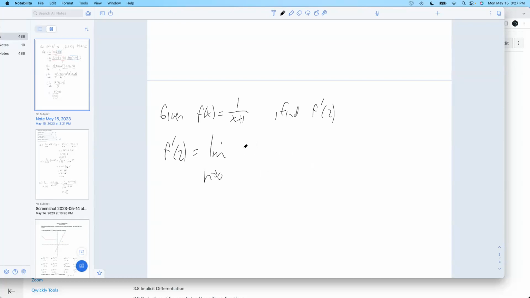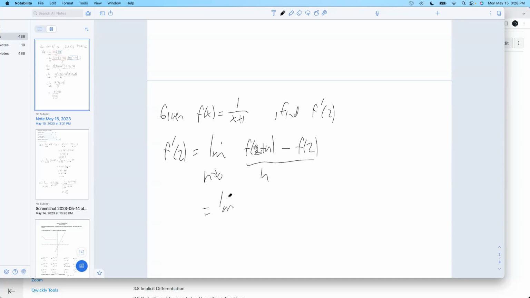Let me write it out by definition first. F of 2 plus h minus f of 2 all over h. So I'm replacing the x with a 2 plus h.